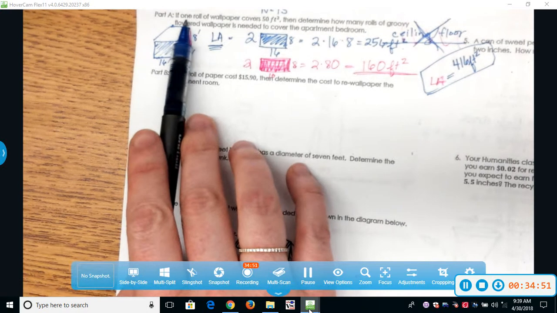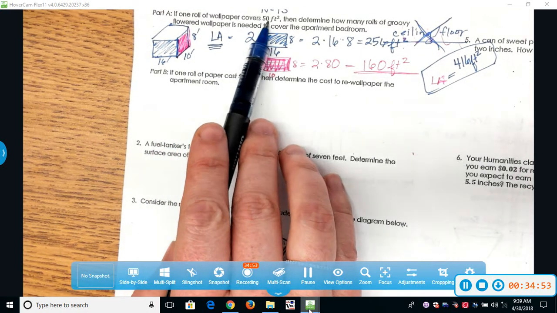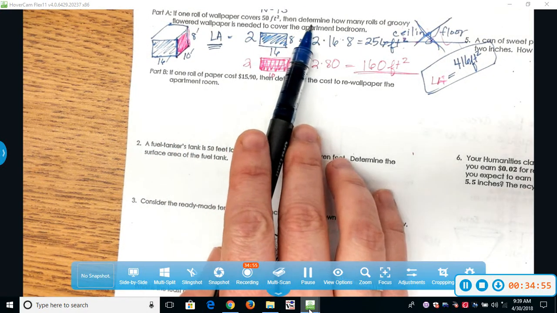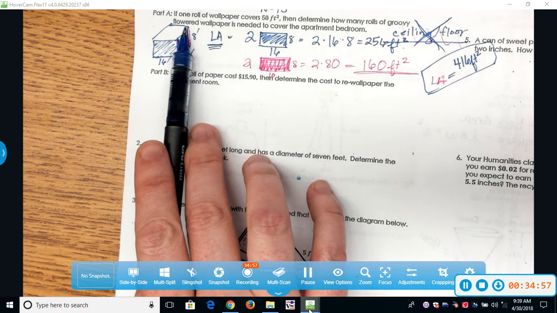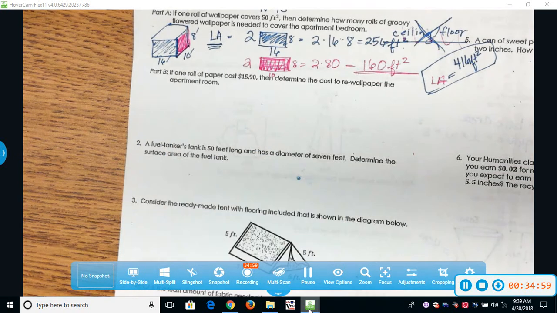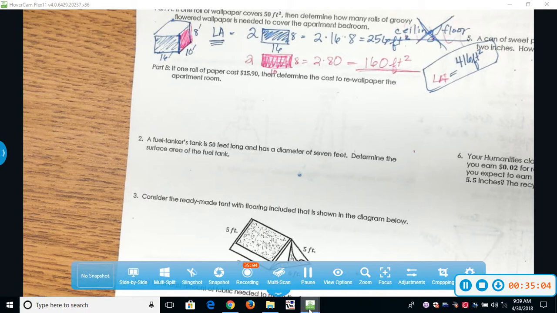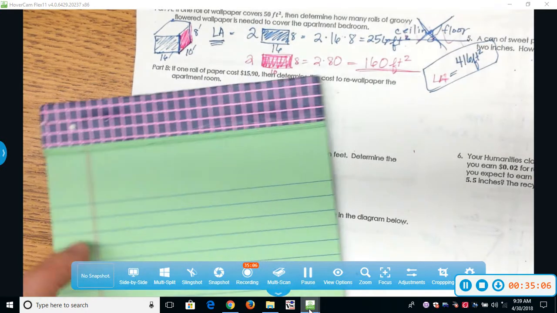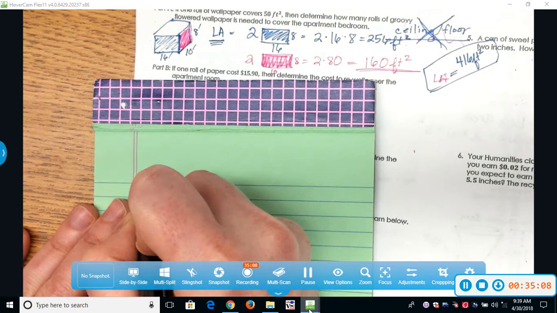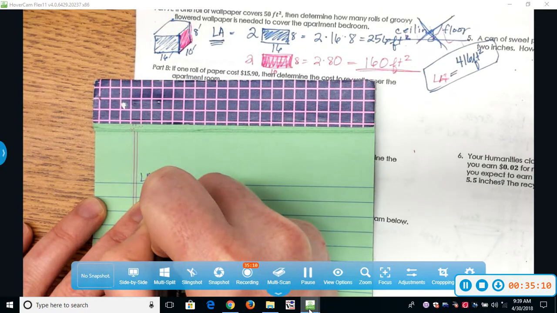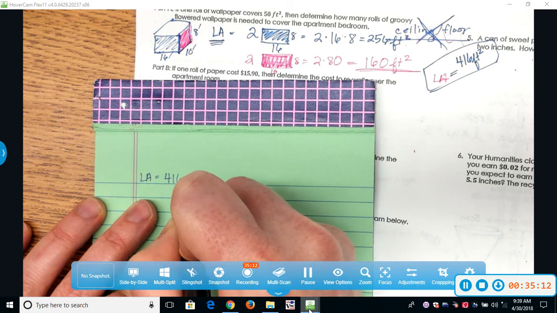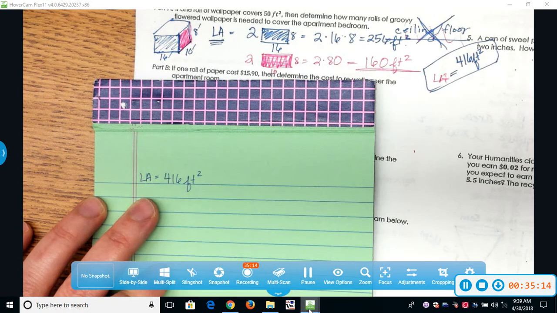The question says if one roll of wallpaper covers 50 feet squared, then determine how many rolls of groovy flowered wallpaper is needed to cover the apartment bedroom. Okay, so I still need that lateral area. My lateral area was 416 square feet.